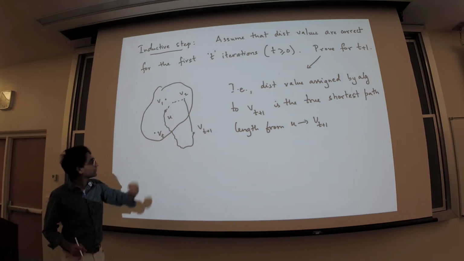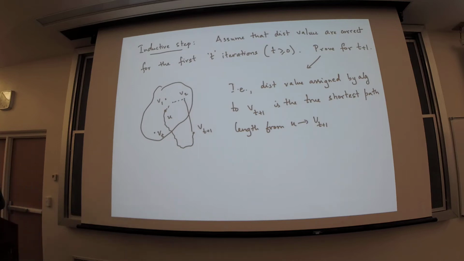So what you know is that it should have gotten out at some point. So there must have been some edge. So suppose there were some other path. Okay, so this is a proof by contradiction.